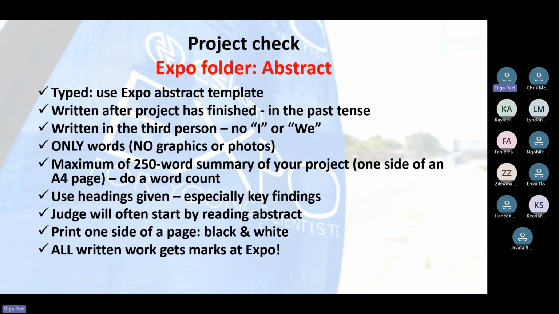Just stick to that 250 words. There are some headings. We'll look on the next slide. The judges, however, like the abstract very much because they often start, what you think is the end of the project, by reading the abstract because it gives them a synopsis, a summary of your project.